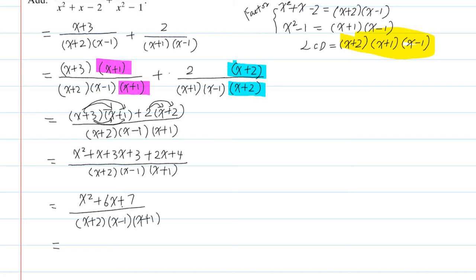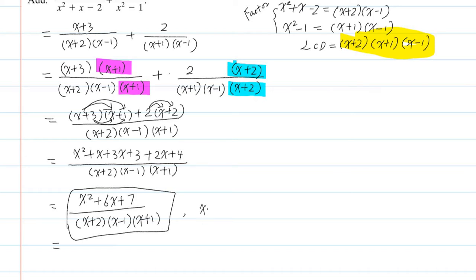If I can factor more, I have to factor it and see if I can cancel anything. But in this case, we cannot factor anymore, because of the 7 right here, there's no way I can factor an x plus 2 or x minus 1 or x plus 1. So in this case, that will be your final answer.